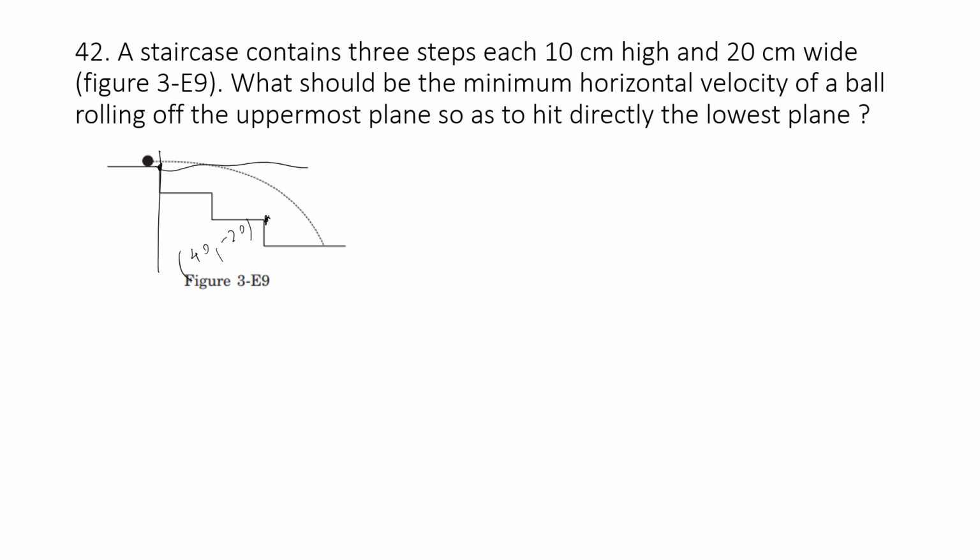So to reach this point, we'll first have to find the time it takes for it to travel in the y direction. So in y direction it travels 20 centimeter. So 0.2 equal to, velocity in the y direction is 0, half into g into t square.